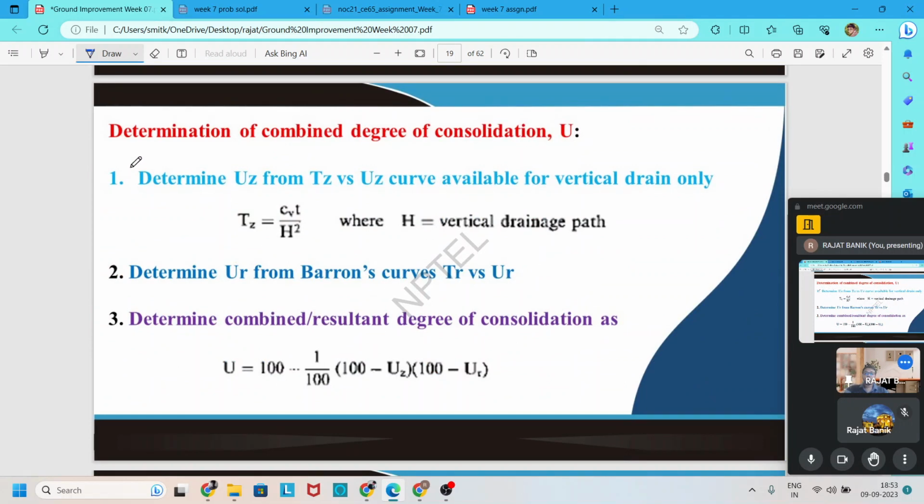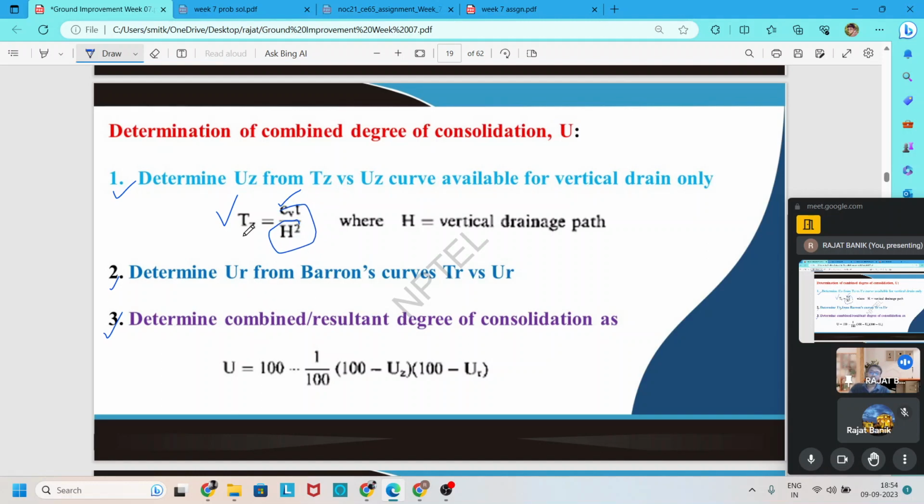So now here is one point regarding horizontal, or you can say radial, consolidation, and also the vertical drain. First we need to find the time factor, and for the time factor we need the coefficient of consolidation, the consolidation time period, and the drainage path.